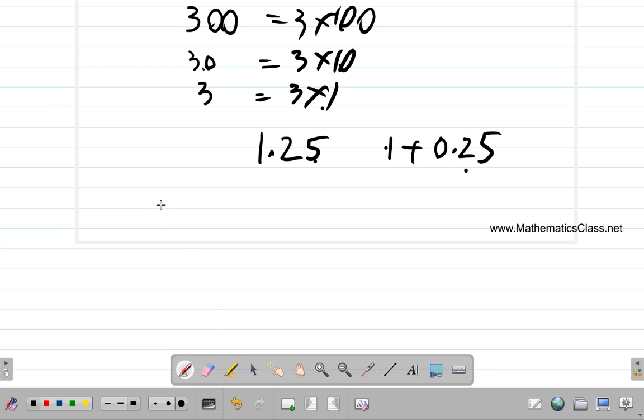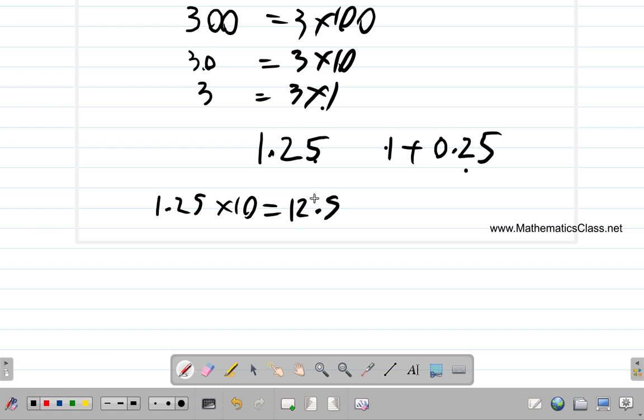Because if you have 1.25 and then you multiply 1.25 by 10, you get 12.5.